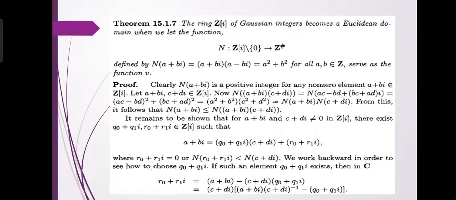From this, it follows that N(a + bi) is less than or equal to N((a + bi)(c + di)).